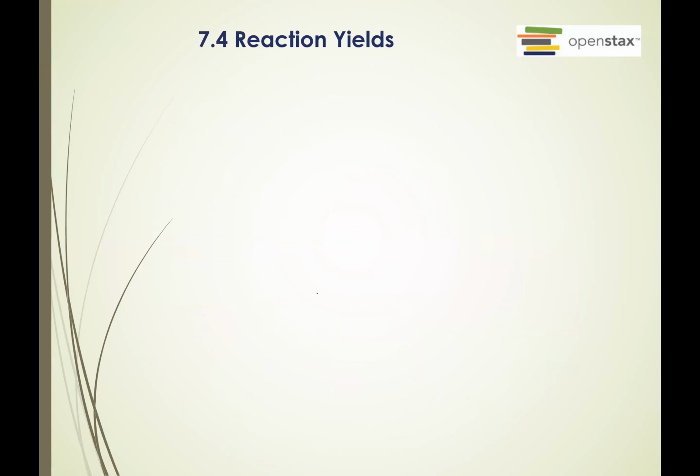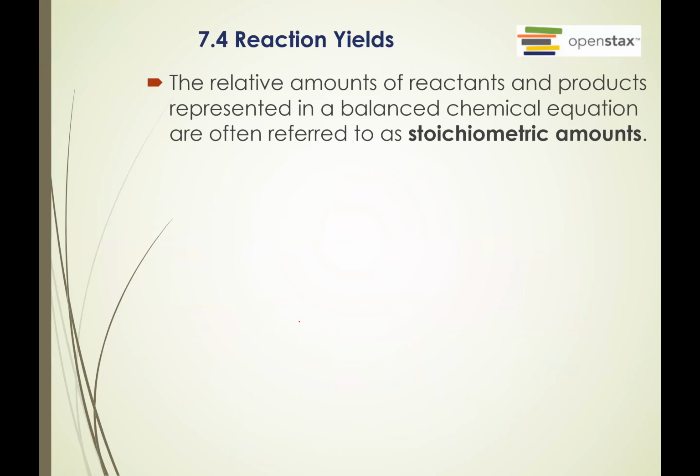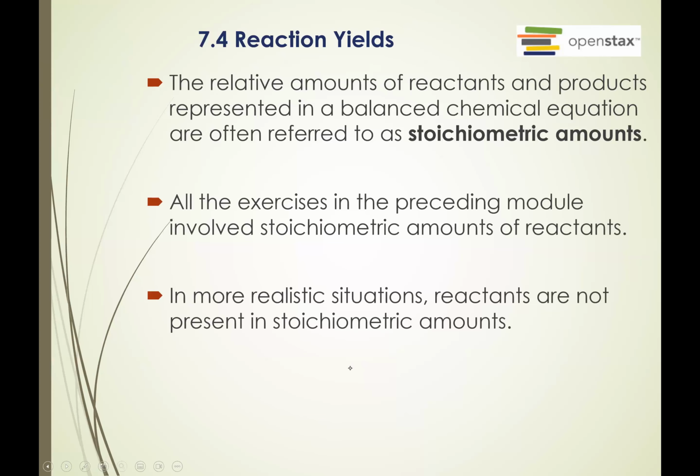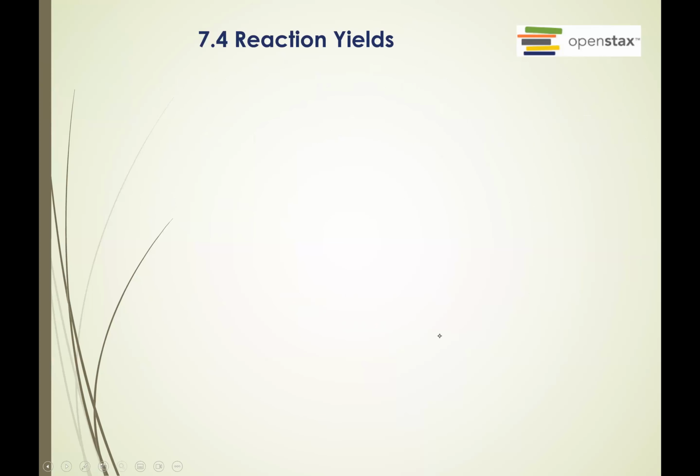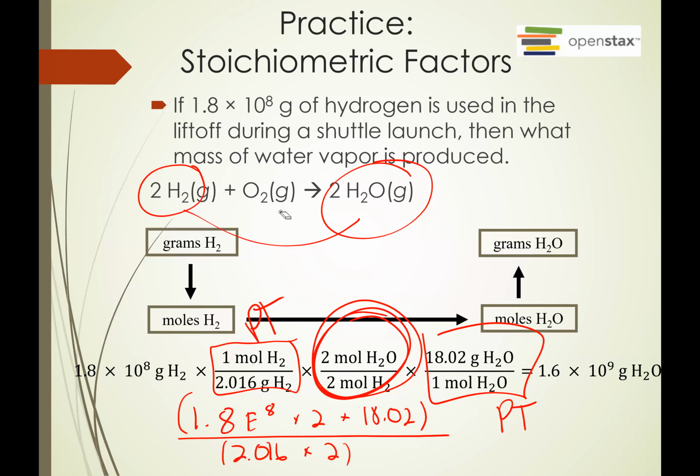So what we're going to do now is look at reaction yield, but we're not going to do anything new at all here. In the problem we just did, we started with hydrogen and converted to water. We said, given this much hydrogen, here's how much water we're going to make.